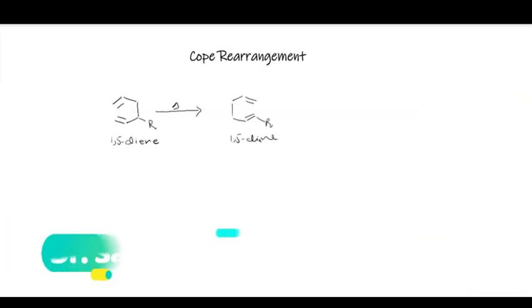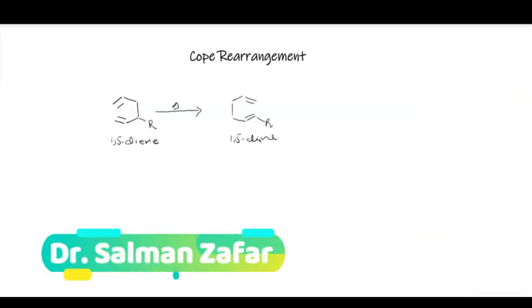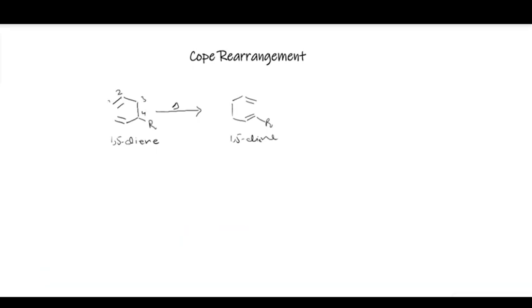So in Cope rearrangement, you can see here that we have this 1,5-diene, and it converts into another 1,5-diene. We can see here in the products under thermal conditions. It's a pericyclic reaction. It's a 3,3 sigmatropic rearrangement that is thermally allowed.